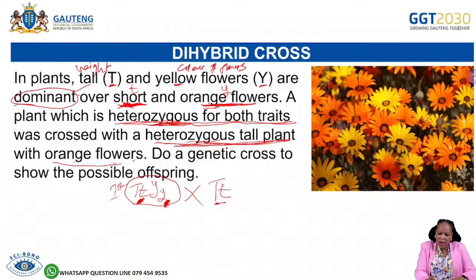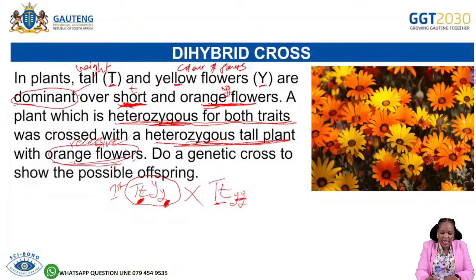Orange, we said we represent orange with small letter y. And what you remember about the recessive phenotype is that for it to be shown in the offspring, it must be in a homozygous state, meaning our orange flower is going to be two small letter y's. Why two small letter y's? Because it is in a homozygous state, because orange is recessive.